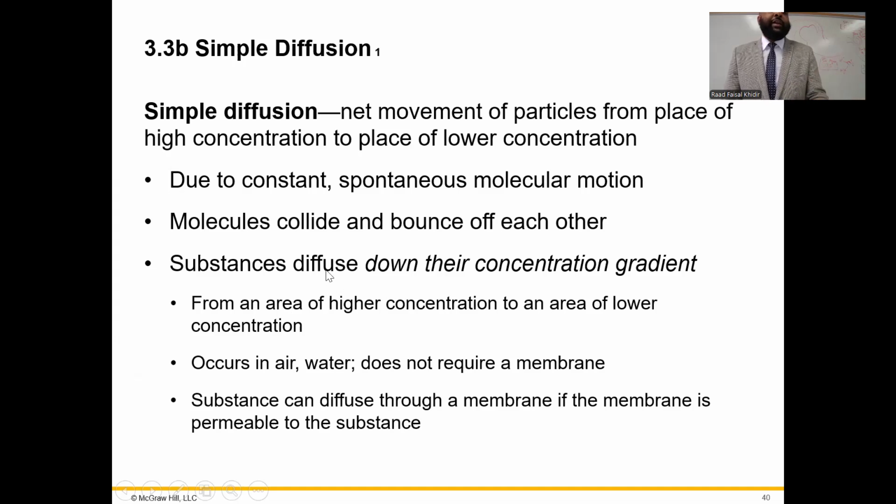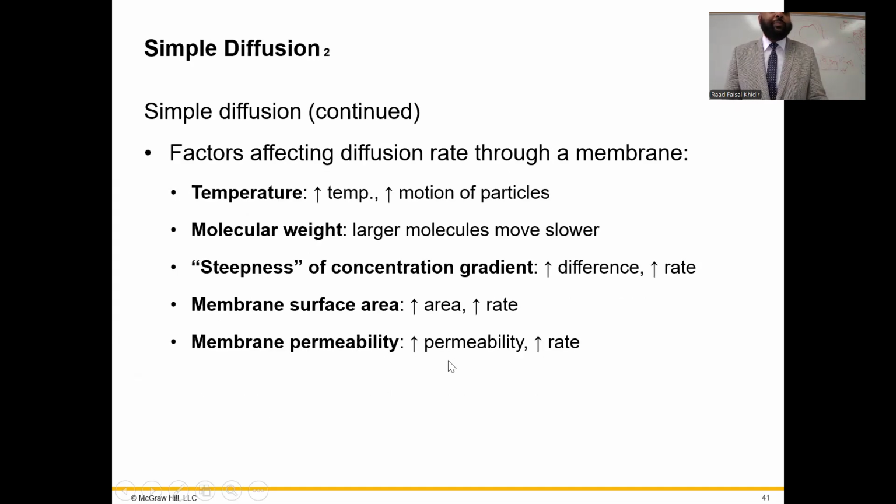Sometimes there's a heat gradient, sometimes a thermal gradient, sometimes a pressure gradient. So from an area of higher concentration to an area of lower concentration. And that occurs in air and water and does not require a membrane. The substance can diffuse through a membrane if the membrane is permeable to the substance. If it's impermeable, even if there is a gradient, it cannot move.